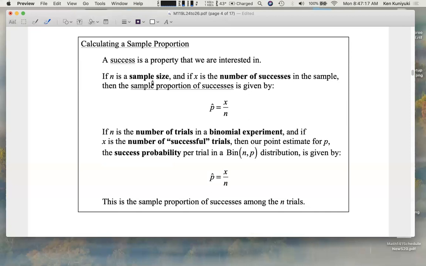If n is the sample size, like the number of people in a poll, let's say of 800 registered voters in California, and if x is the number of successes in the sample, so the number of people in the poll who support the politician, then the sample proportion of successes is given by p hat. The sample proportion equals x over n, the number of successes divided by the sample size, which makes sense, as we'll see.